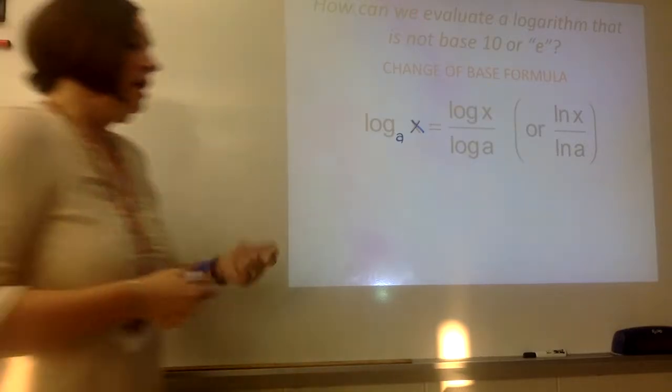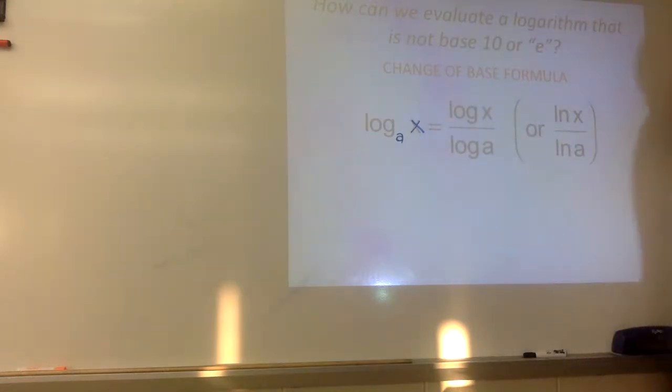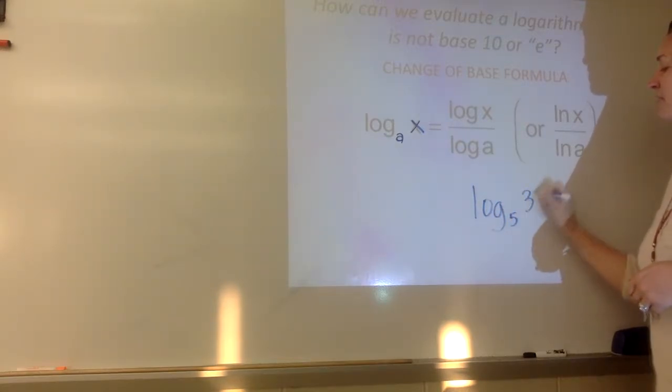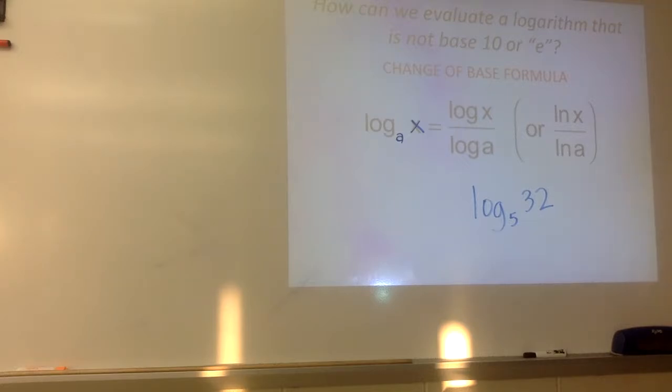Now, here's my heads up to you. I explained that there is a section of the test that is no calculator. Let's say we had that last example, which was log base 5 of 32. If I gave this to you on a non-calculator portion of the test, it's because I want you to tell me that that's the same thing as log 32 over log 5, or natural log 32 over natural log 5.